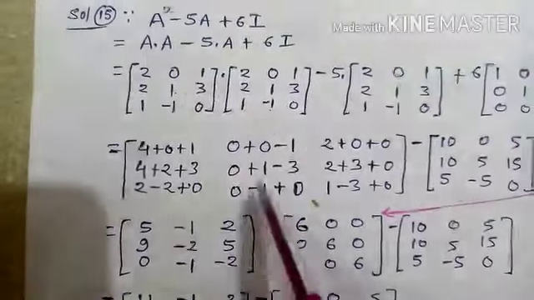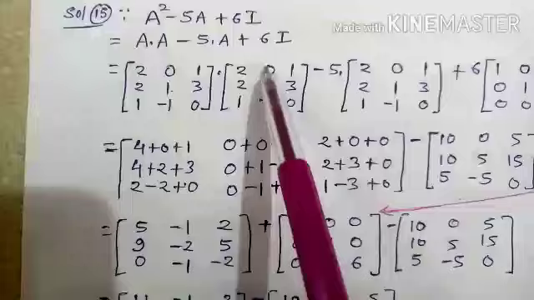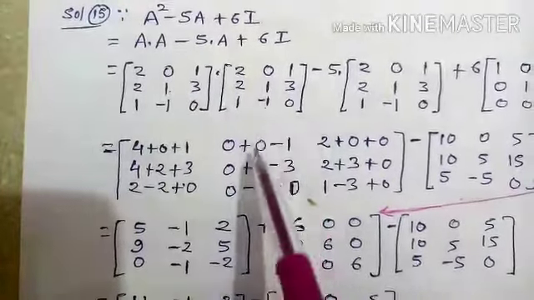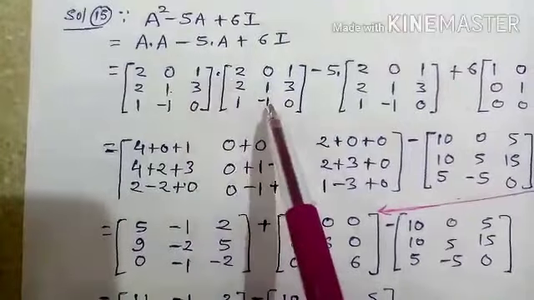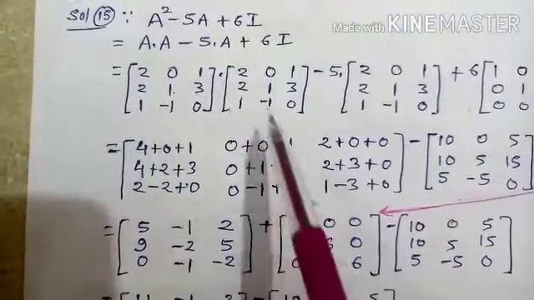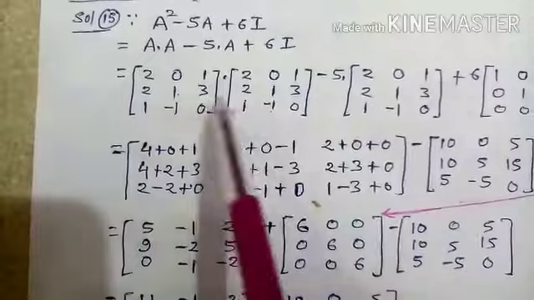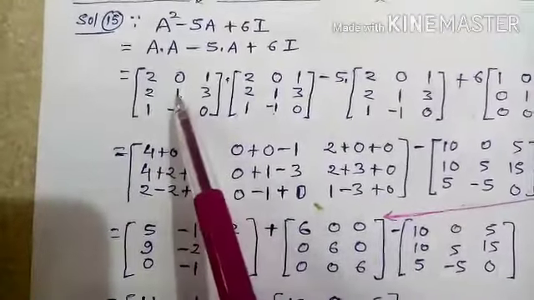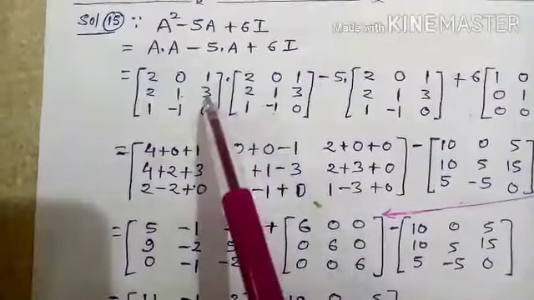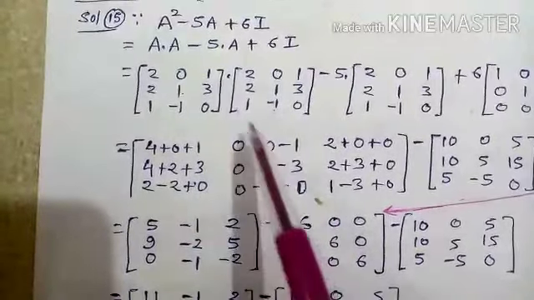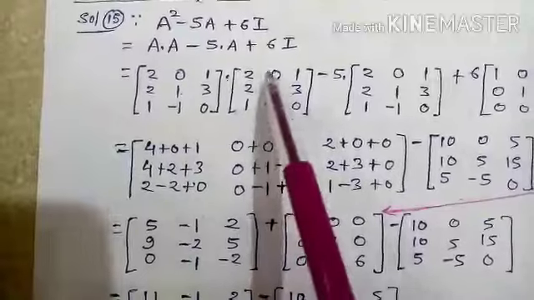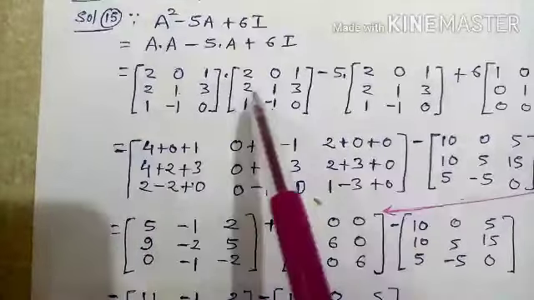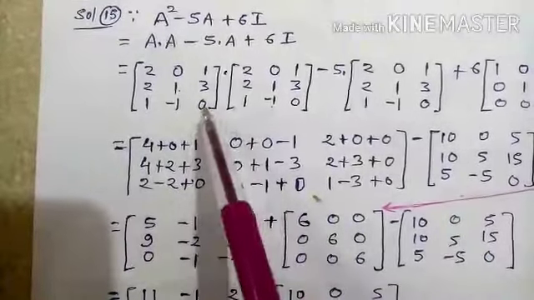Now the second column. First row, second column: 2 into 0 is 0, 0 into 1 is 0, and 1 into −1 is −1. Second row, second column: 2 into 0 is 0, 1 into 1 is 1, 3 into −1 is −3. Third row, second column: 1 into 0 is 0, −1 into 1 is −1, 0 into −1 is 0.